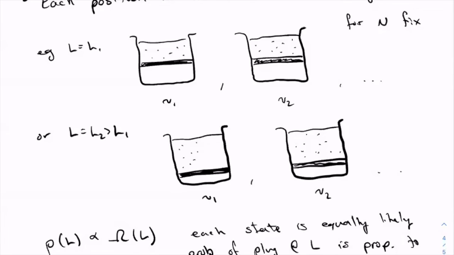So if I was going to assign the probability of observing any one of those individual microstates, mu1 or 2, all of them at fixed L have the same likelihood. So the aggregate probability of seeing the system at L1 is just the total probability of each individual microstate, which if they're all the same is just proportional to the number of those states that are consistent with that L, and so on and so forth for different L's.